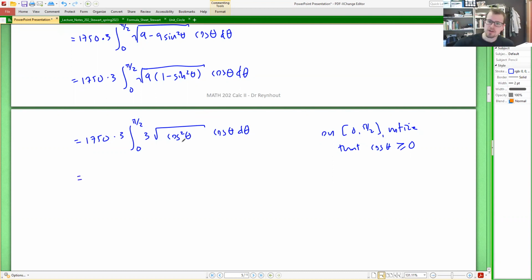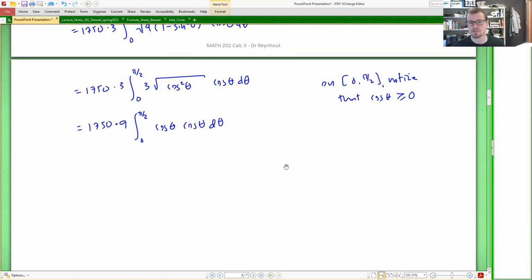And in this case, cosine of theta would be positive. So the absolute value of a positive number is exactly that number. So 1,750, pull out the additional factor of 3 to get 9 out there, integral from 0 to pi over 2. This becomes simply the cosine of theta, cosine theta d theta. Excellent.